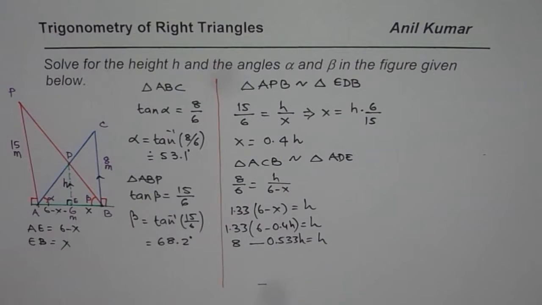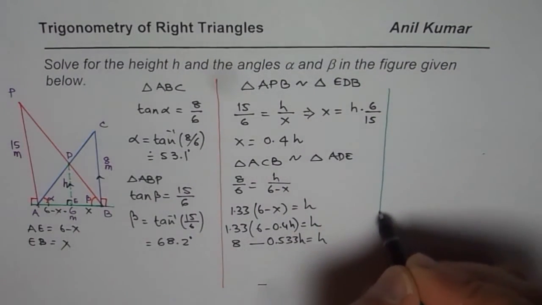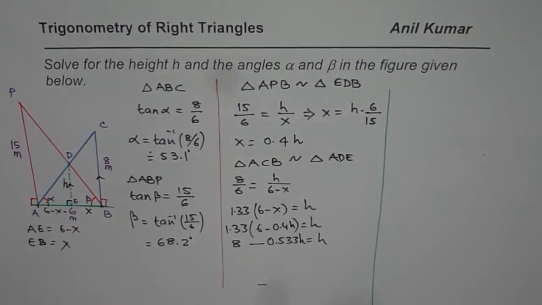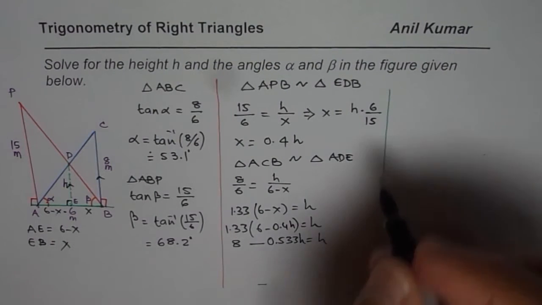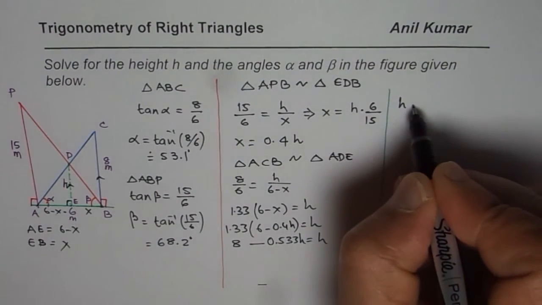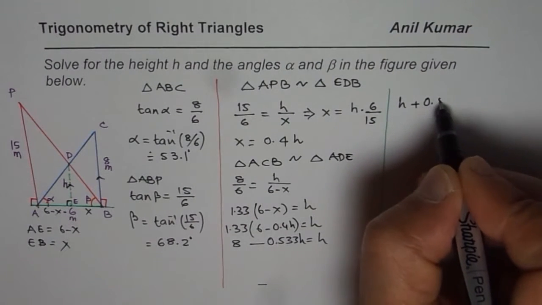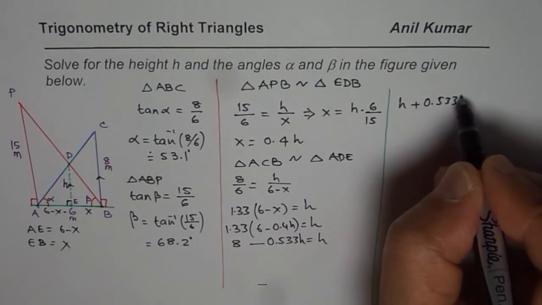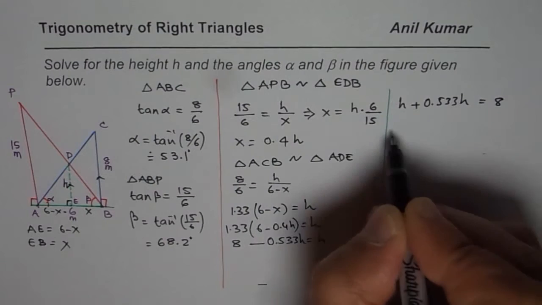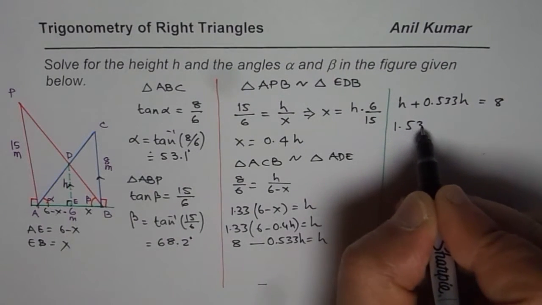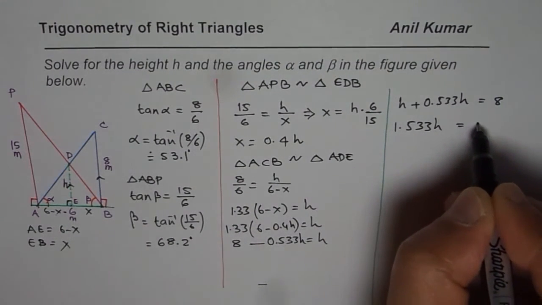Now let us solve for h. Let's take these terms to the right side. So we get h plus 0.533h is equal to 8, or 1.533h equals 8.